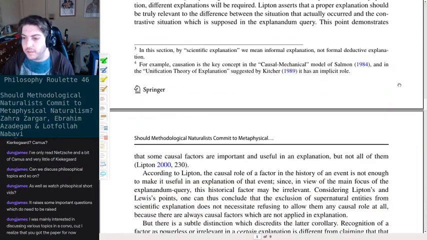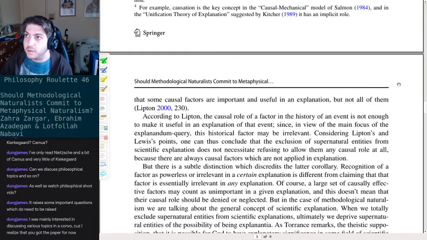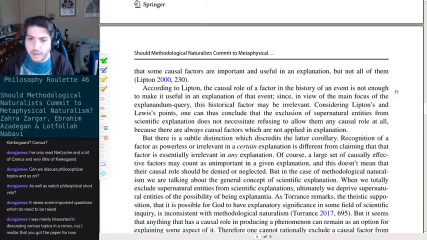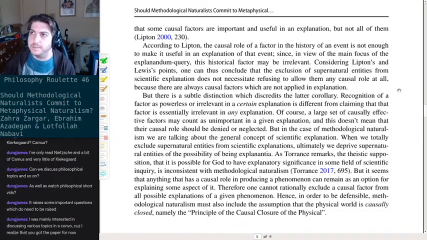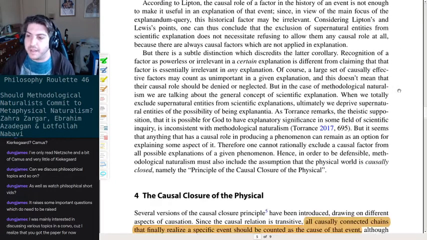commitments because of the causal closure principle, because the causal closure principle will separate out, not metaphysical, supernatural from the natural, excuse me. And so it'll be a filter. It'll filter out everything that isn't one way or the other.